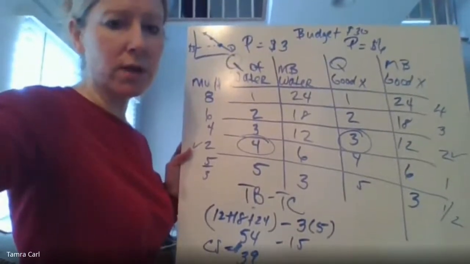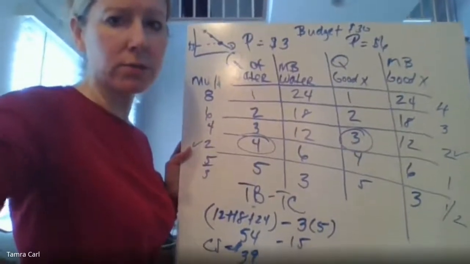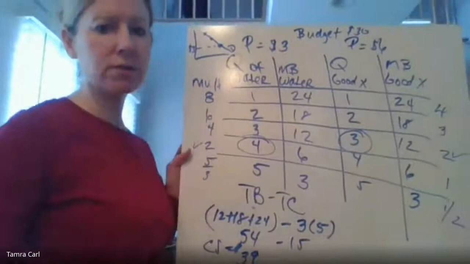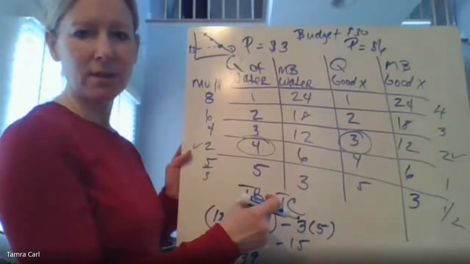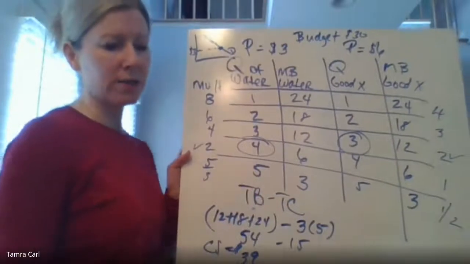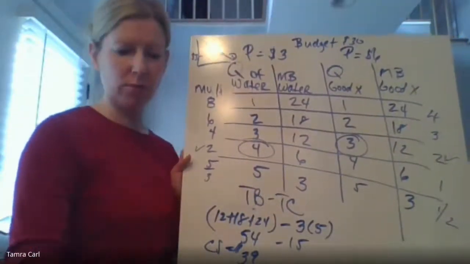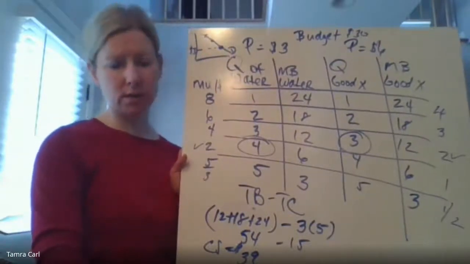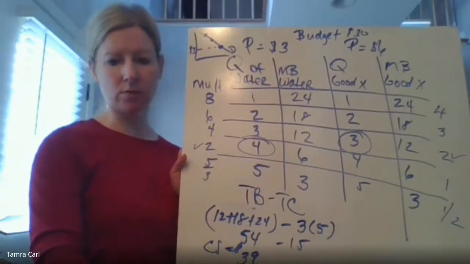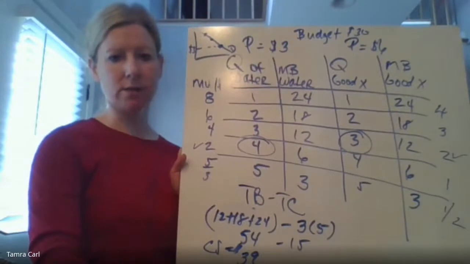So for this one, if the price drops down to $3, I have to find my new optimal combination of goods, right? And so that's where you're looking at the change that happens, did the goods go up or did it go down, when you're substituting and using it as complements.